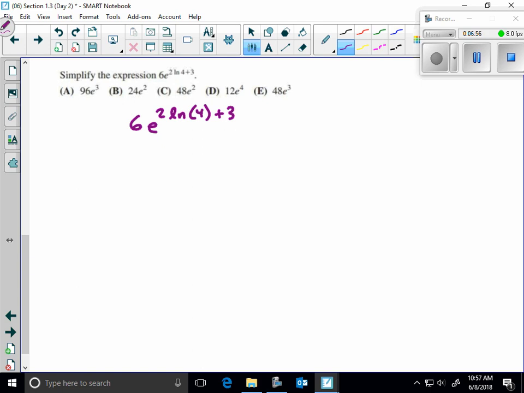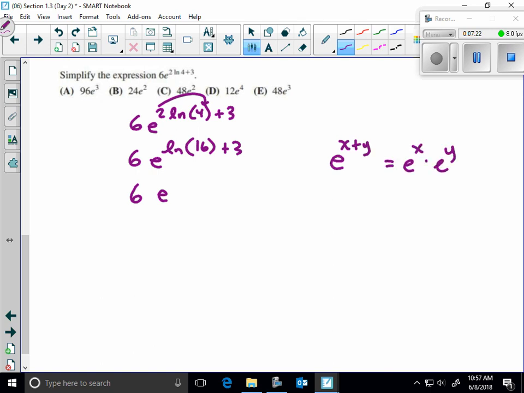Okay, so here we go. We're going to do some manipulation. First thing I'm going to do is take that 2 and bring it up as 4 to the second. I'm going to make that a 16. Now I think we can agree that e to the x plus y is equal to e to the x times e to the y.